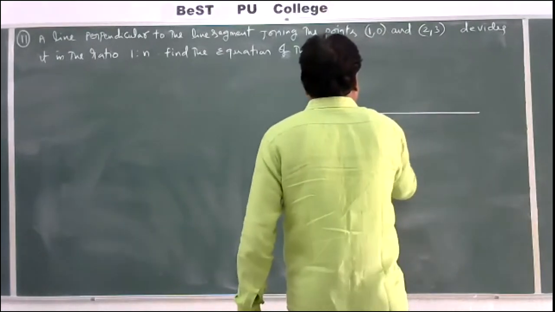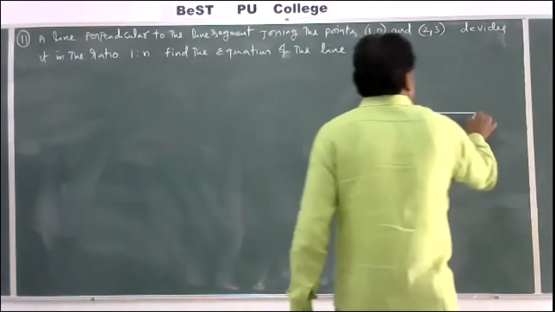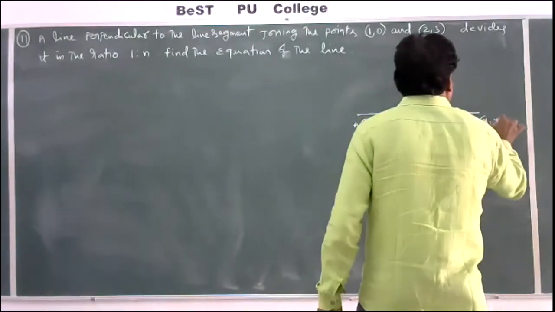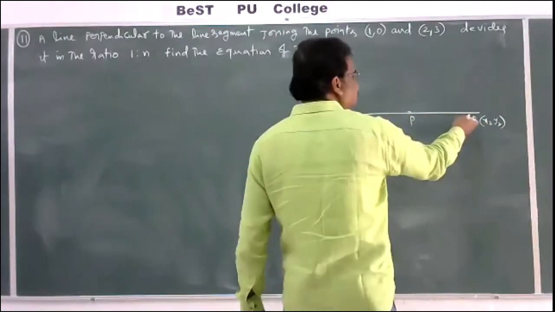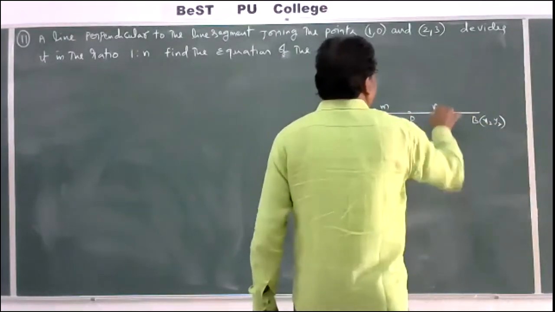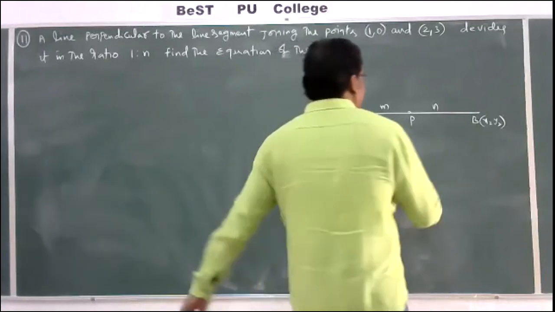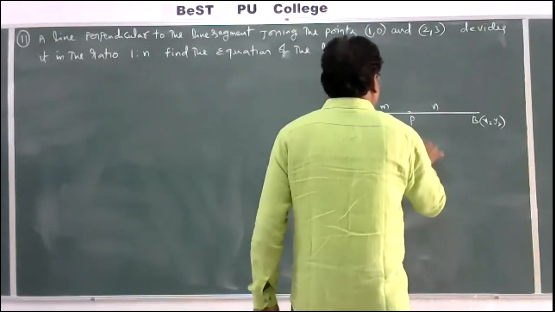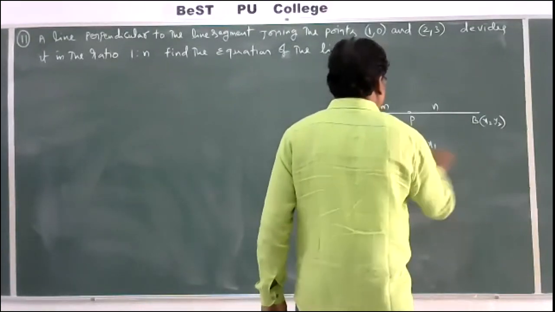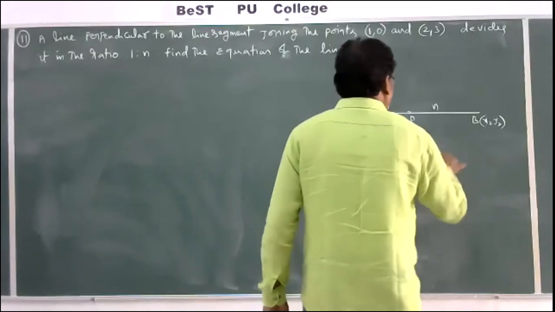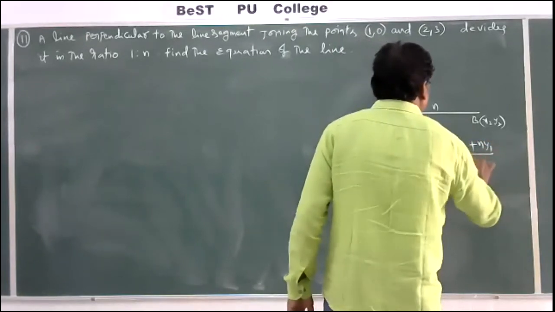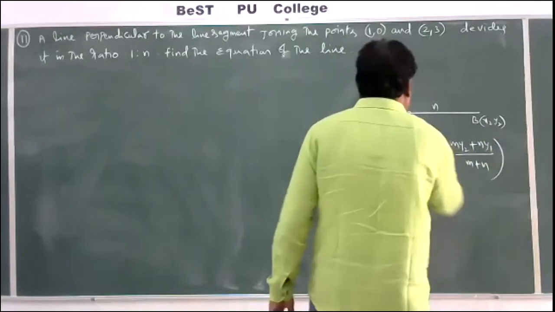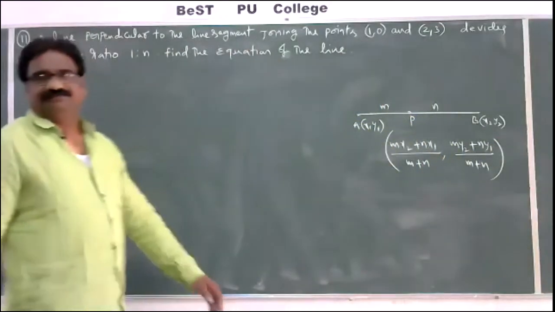For example, A x1 y1 and B x2 y2. The point P which divides the line segment AB in the ratio m:n internally is mx2 plus nx1 by m plus n, comma, my2 plus ny1 by m plus n. This is called the section formula.